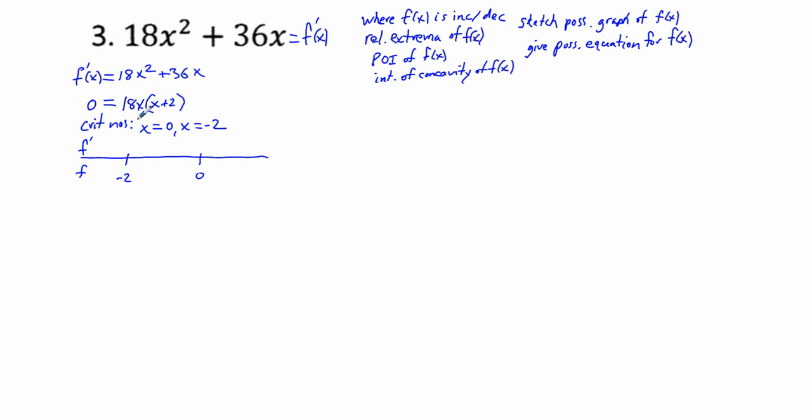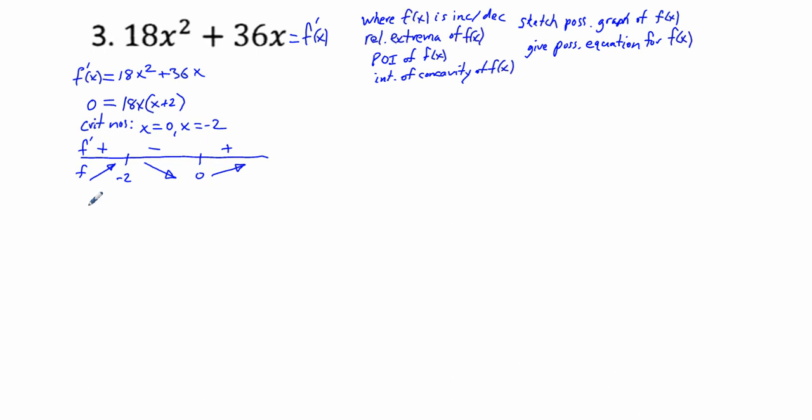To the left of -2, we have a negative times a negative, which is positive, so our function is increasing through negative infinity to x equals -2. Between -2 and 0, say -1, we have a negative times a positive, or a negative, so we're decreasing between -2 and 0. Greater than 0, we have positive times positive. That's what our number line looks like.